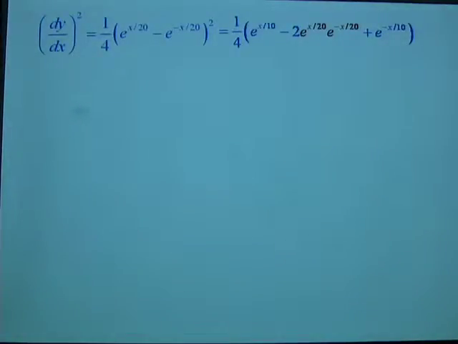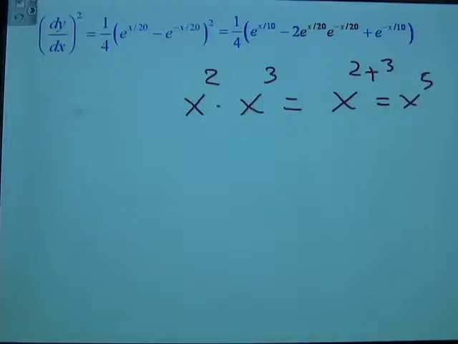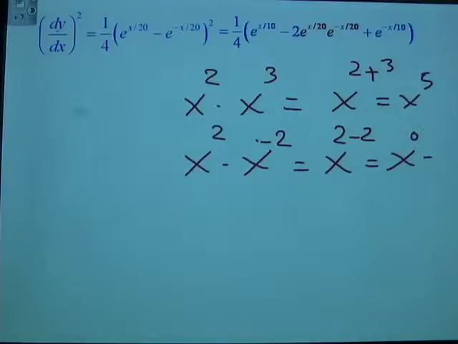I know some of you will have problems. x to the power of 2 times x to the power of 3 is x to the power of 2 plus 3, which is x to the power of 5. x to the power of 2 times x to the power of negative 2 is x to the power of 2 minus 2, x to the power of 0, which is 1.